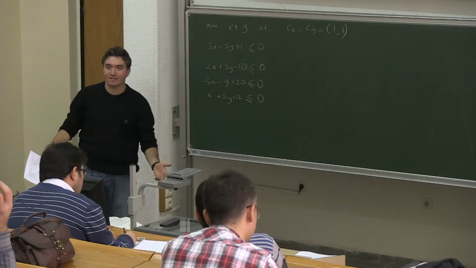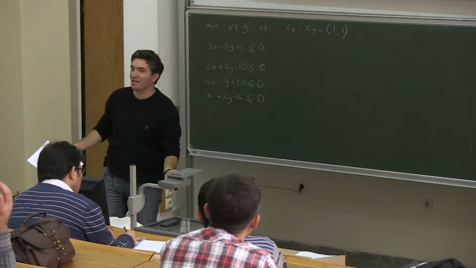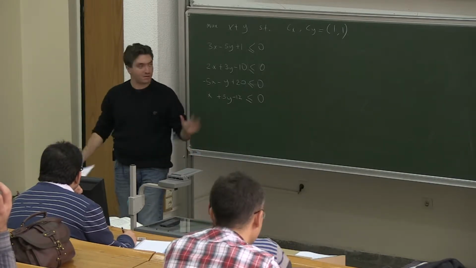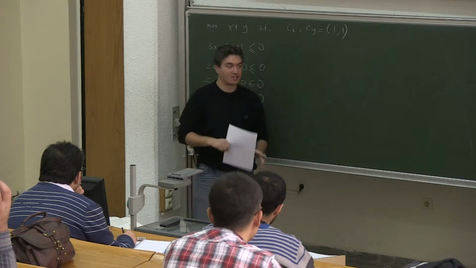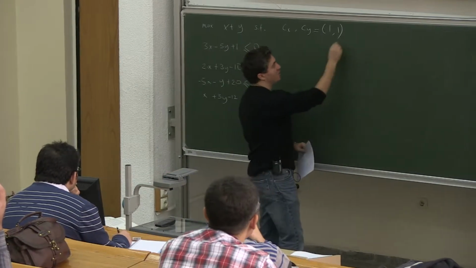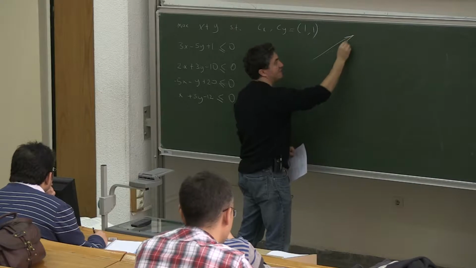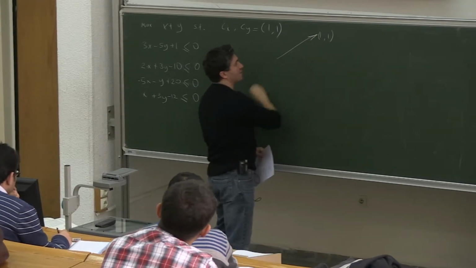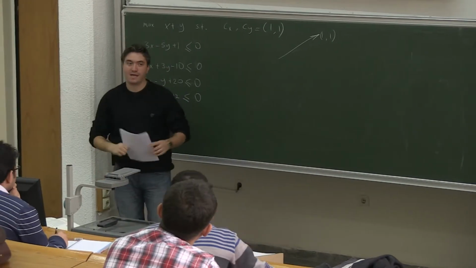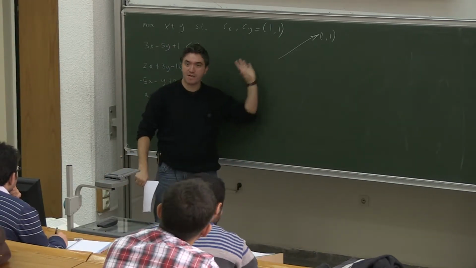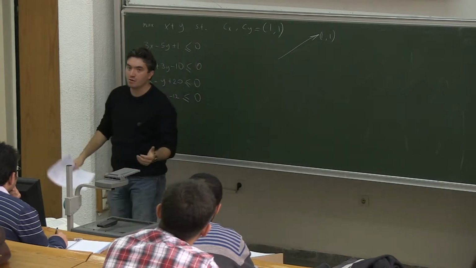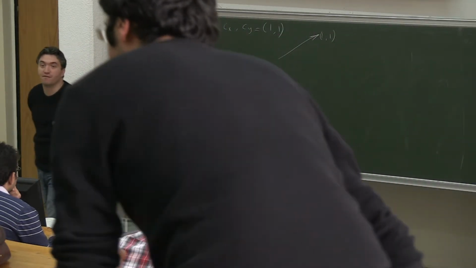If I tell you this, you can give any arbitrarily large values to x and y, it's unbounded in this direction. So our optimization function has this direction, the 1, 1 vector. And if you continue increasing your x and y values in this direction, you continue increasing your objective function.